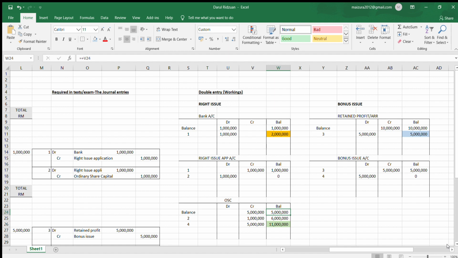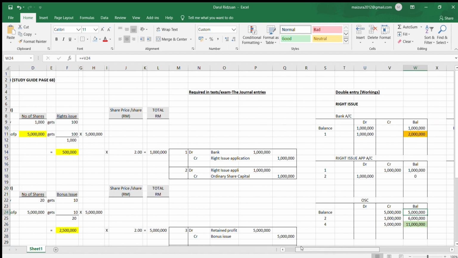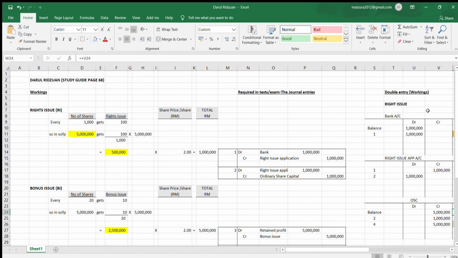Okay, now look at the question again. So after you fill up the balance, look at the first paragraph. To raise funds, the company made an offer of a right issue to existing shareholders of 100 shares for every 1,000 shares held. So if the shareholder has 1,000 shares, they will get a right issue of 100.